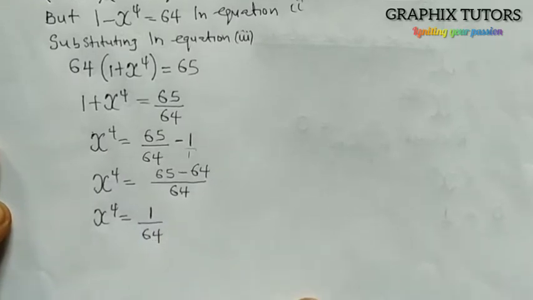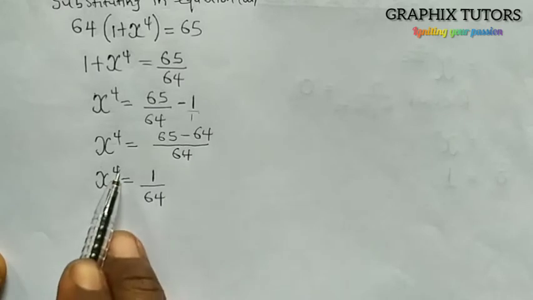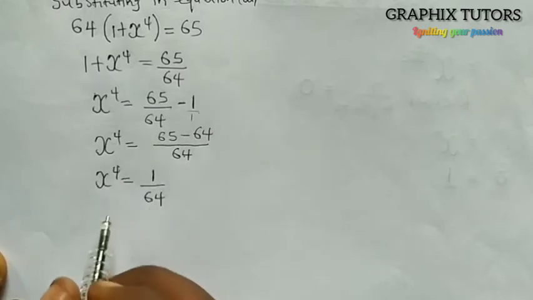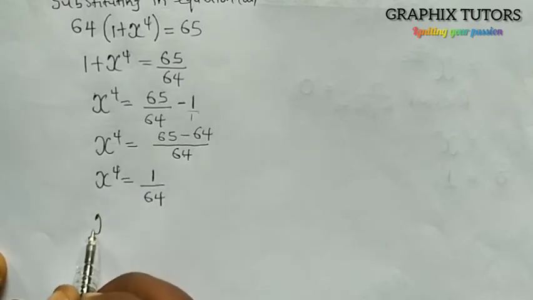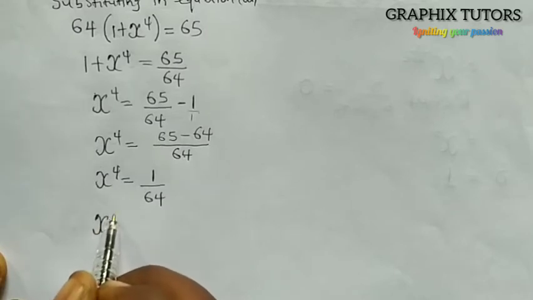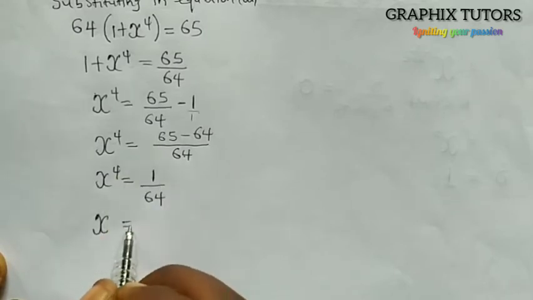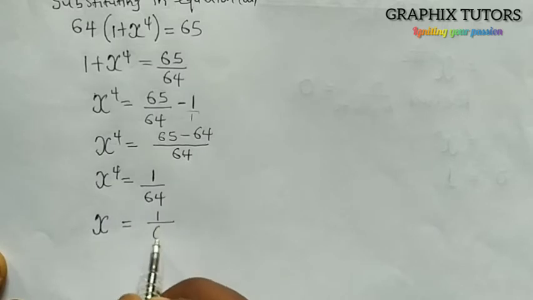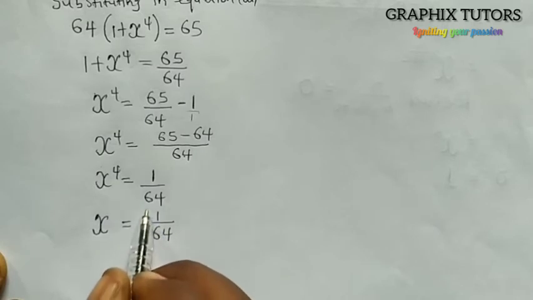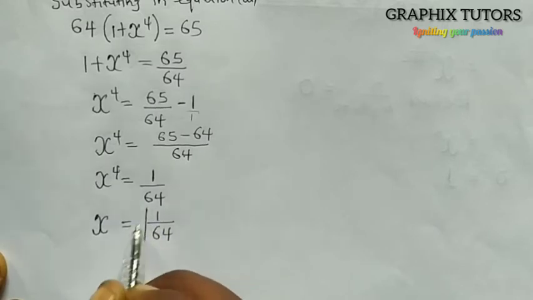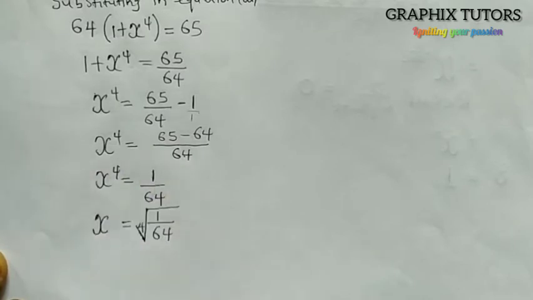Now the key word here is when this guy is coming here, I'll be having my x^4. When it's coming here, it will become 1 over 64. It will turn to a root sign. Put the 4 here. That's when it's traveling to the other side.